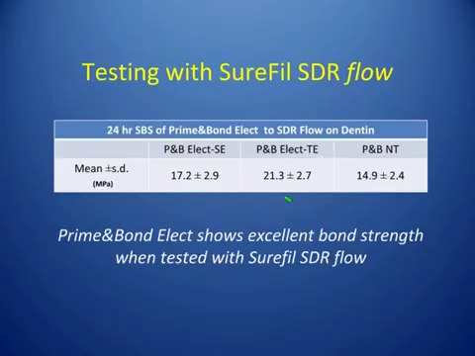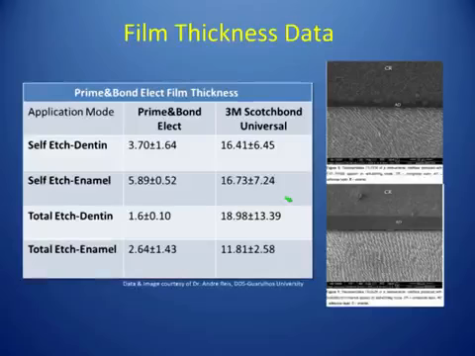I know we'll discuss that in just a second. And we've got really nice test numbers to show bond durability to that. Against competitive products, again, if you're looking at deciding between products, a significant advantage over the second most popular product in the universal category.